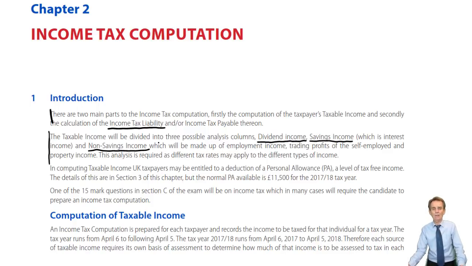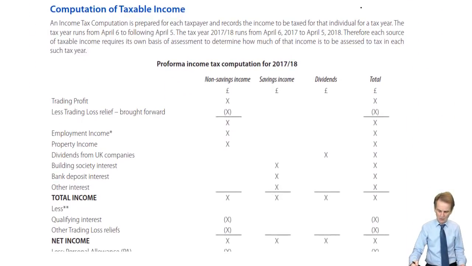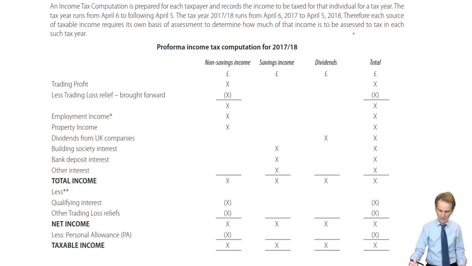We're going to have our total column on our computation. If you look just a little bit further down the page here, you can see that pro forma. We'll have a total column. Now that can be either the final column, as I've included it here, it can be the first column. So it doesn't matter which end of these rows you put the total. Again, in some texts and in some answers, you'll see the total at the beginning, others, as here, you'll see it at the end.